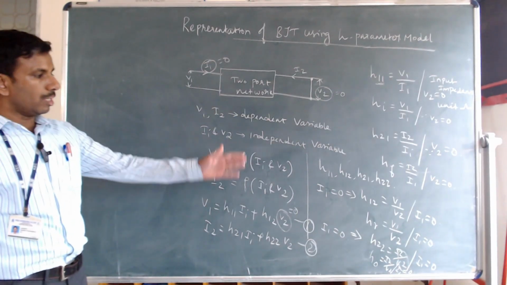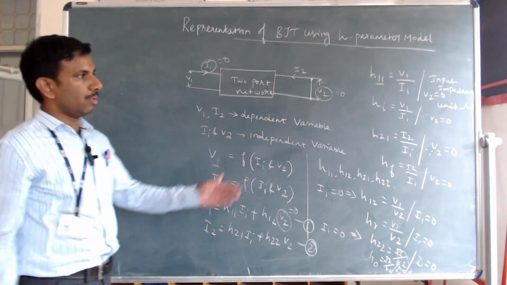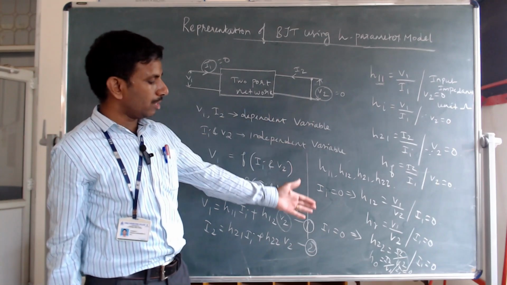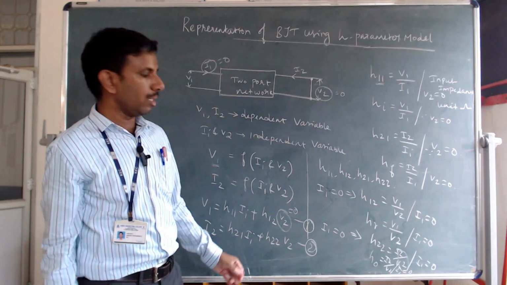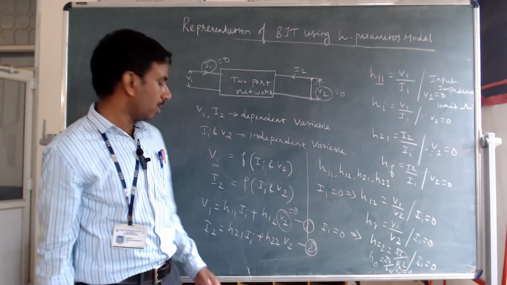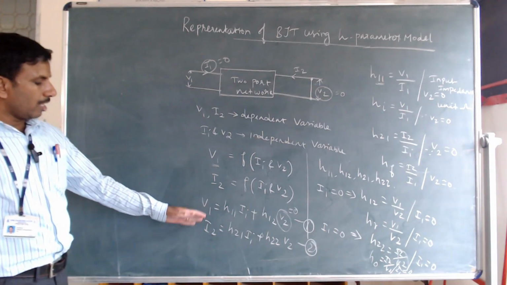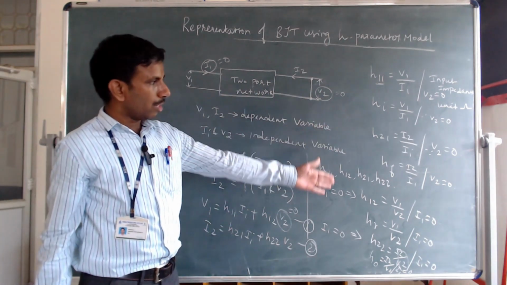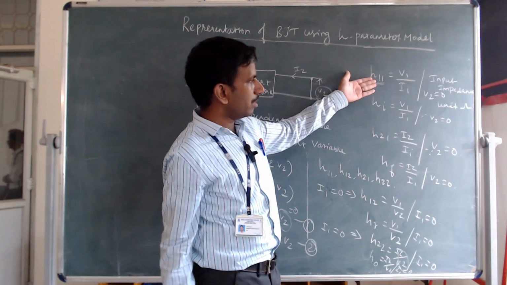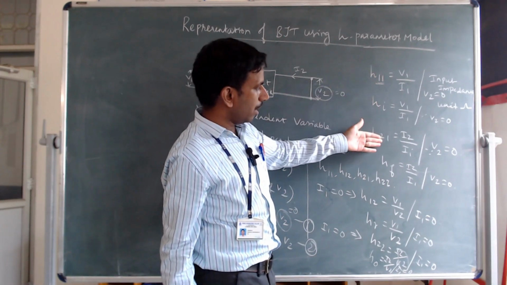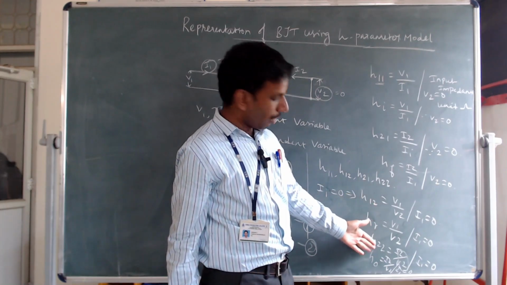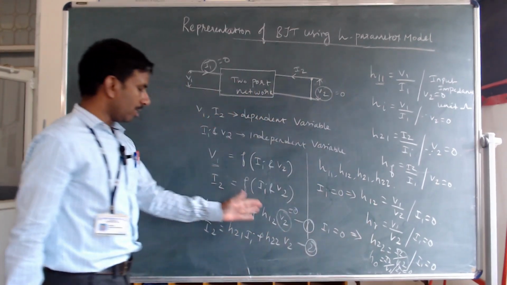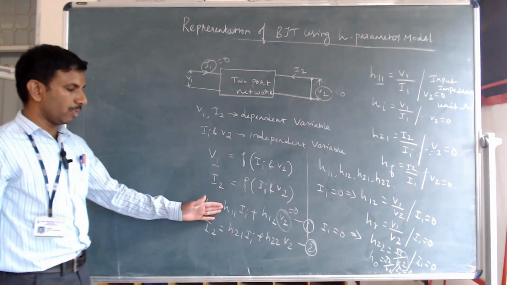So we will be getting the four terms: one denoting the input impedance, another denoting the output admittance, another the reverse voltage gain, and then the forward current gain. Here we can rewrite the equations based on these notations. We have replaced H11 by Hi, H21 by Hf, H12 by Hr, and H22 by H0. So we will have another modified form of these two equations.